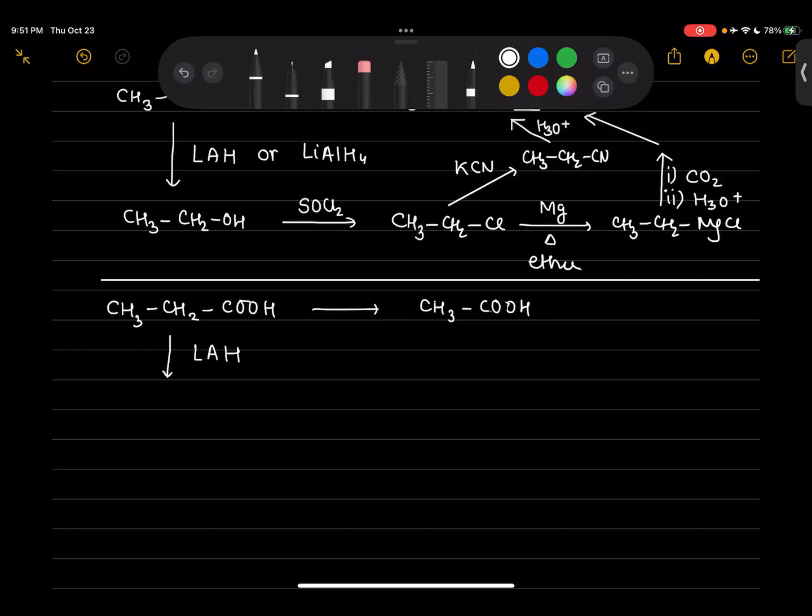Primary alcohol, when oxidized by acidified potassium permanganate, changes to carboxylic acid. That was oxidation. This is reduction. Is that clear?